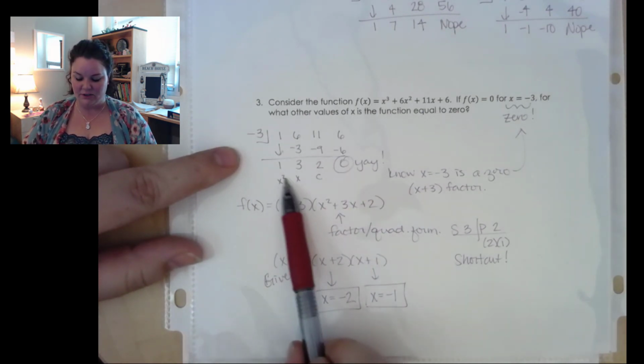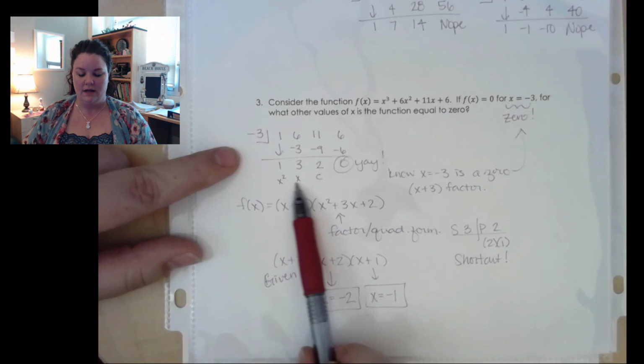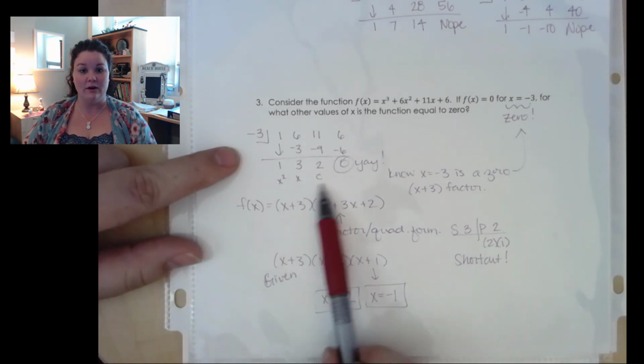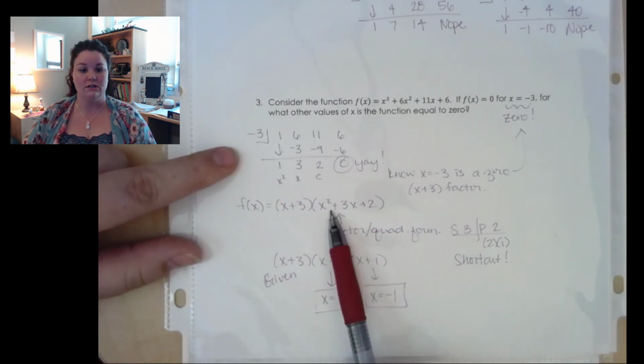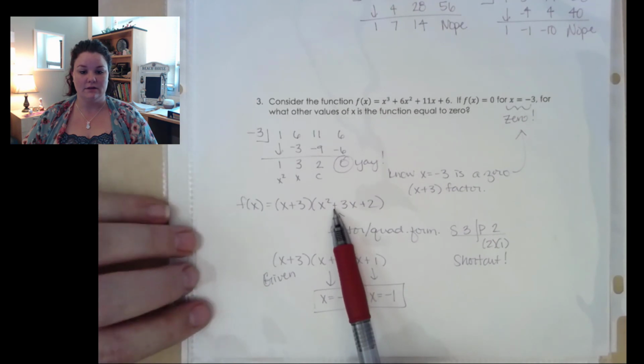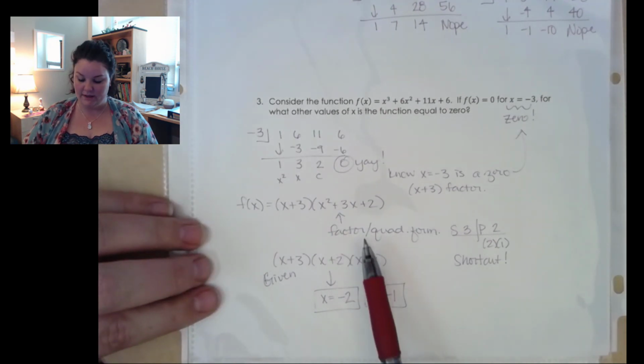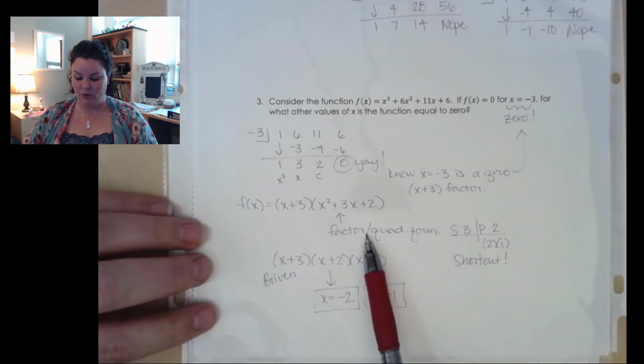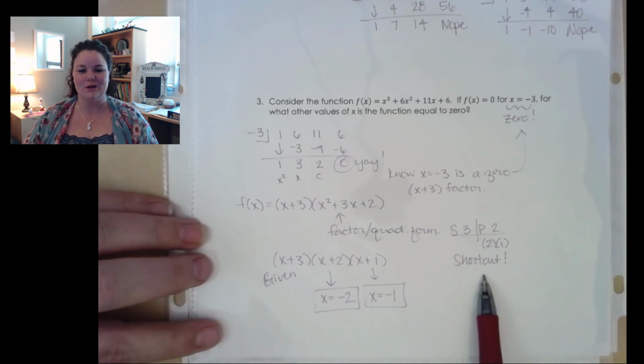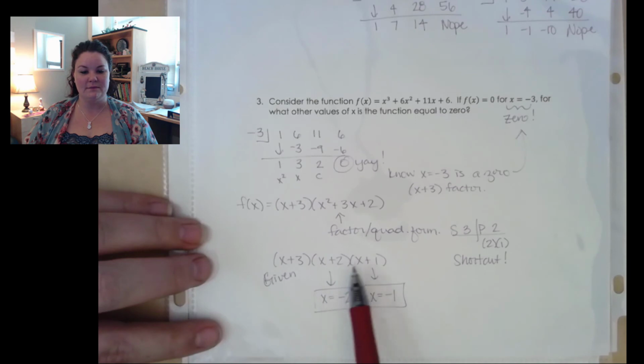And then we just need to factor or use quadratic formula to further break down and solve this quotient for the remaining zeros. Okay, this one again is one that was factorable using sum product chart, and you could use the shortcut because the leading coefficient is 1. So it factored into x plus 2 times x plus 1. And whenever we solved it, we get -2 and -1.